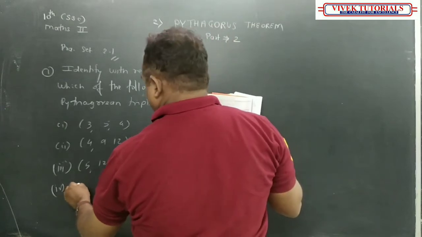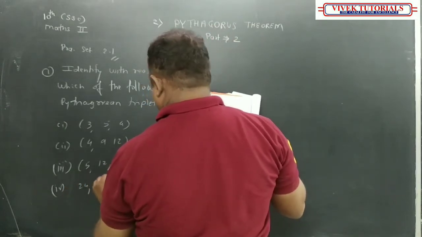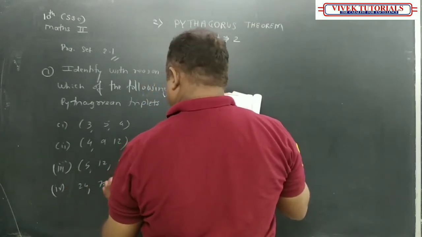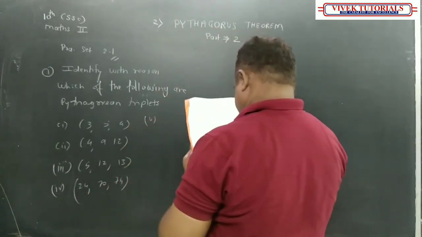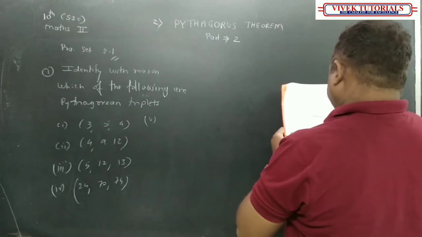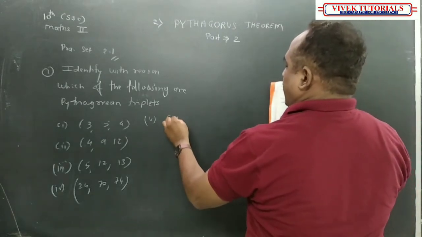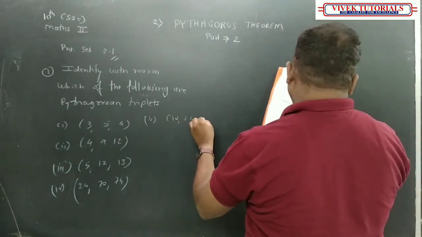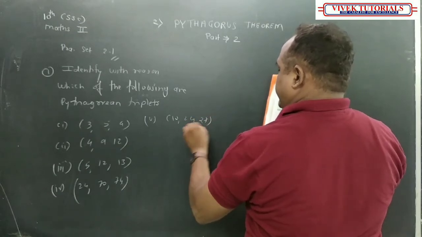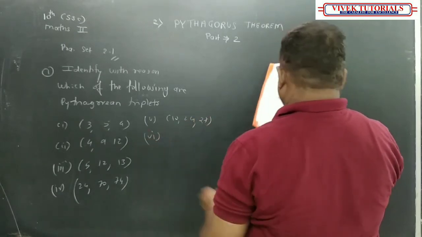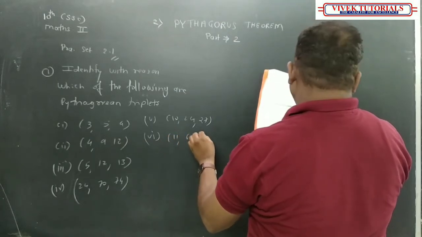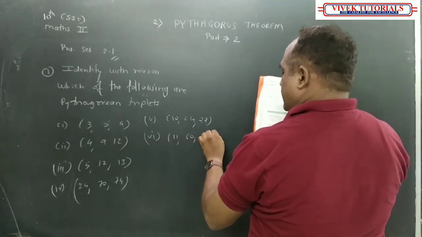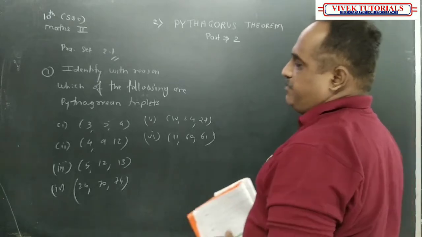Fourth one 24, 70, 74. Fifth one 10, 24 and 27. Sixth one 11, 60 and 61. Some I have given as an example.